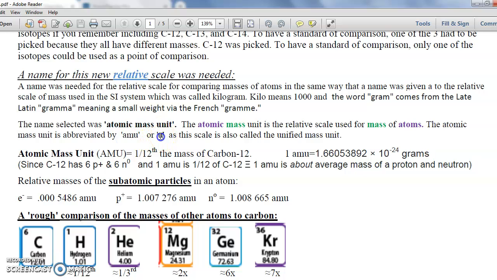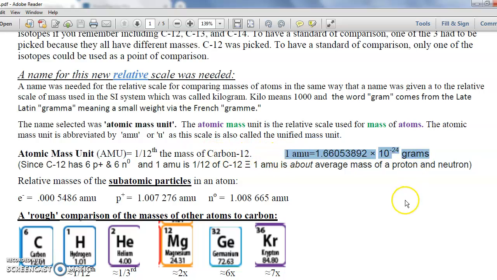You will also see a U used because it's related to what we call the unified mass unit. You'll also hear the word Dalton used as a unit for things on the atom scale, very, very tiny things. So again, the atomic mass unit is 1/12 the mass of carbon-12.